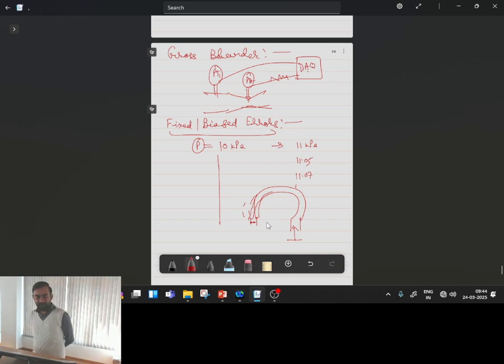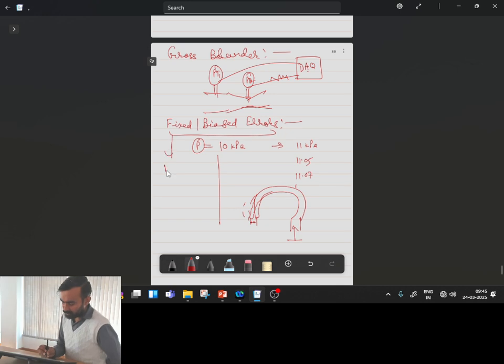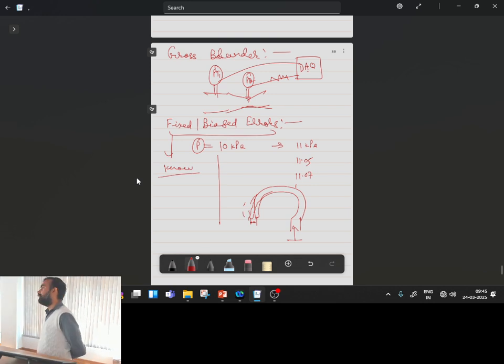This type of error, which gives almost a constant difference, is a known error. We will call this our fixed or biased error. The way to eliminate the fixed or biased error is either to correct the reading, because you know how much correction to make, or to recalibrate the device.